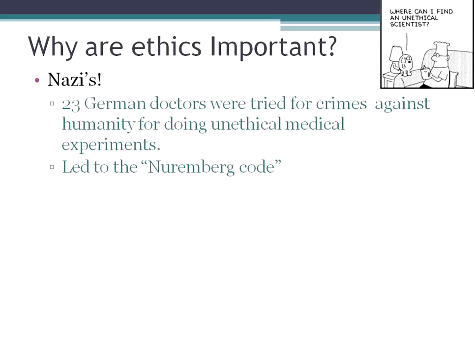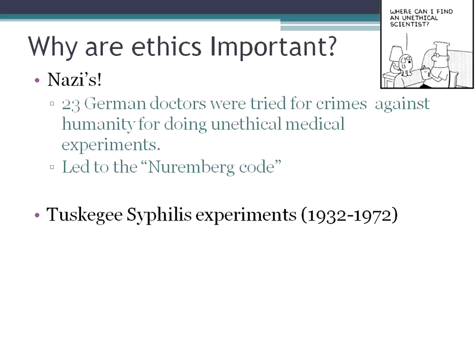And ultimately, this all led to the Nuremberg Code, which is sort of a set of guidelines for ethical research. But there was still no oversight to research. There was sort of like this set of guidelines that you should probably adhere to. There was no oversight.